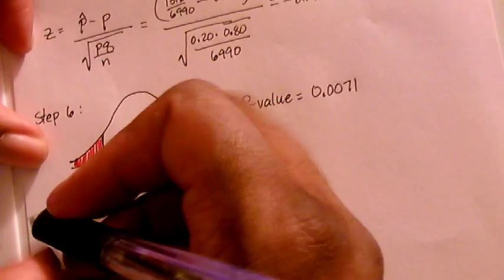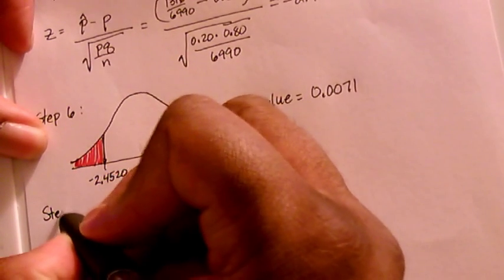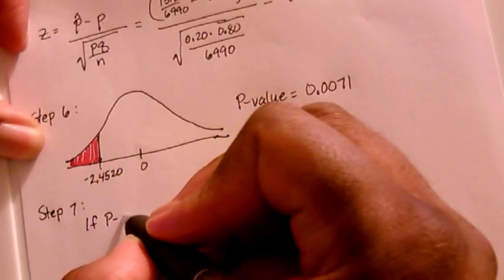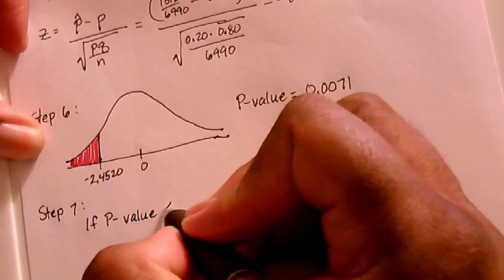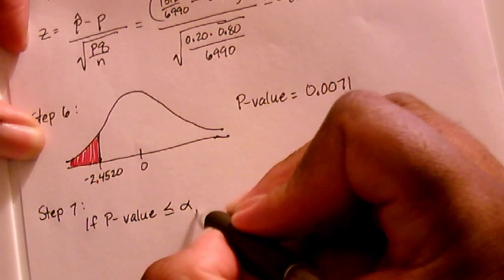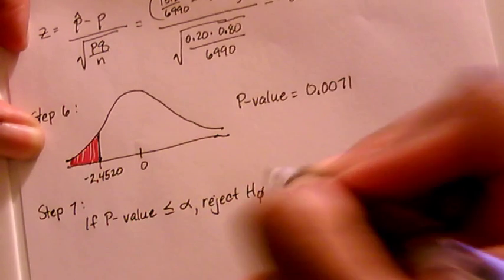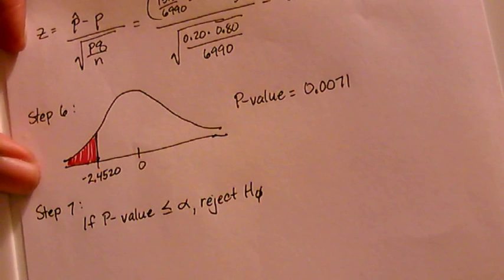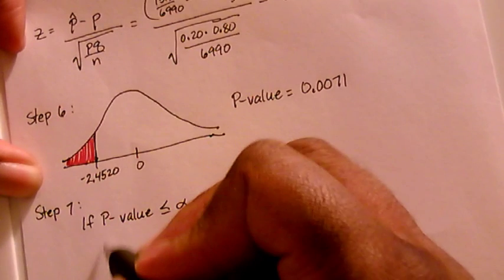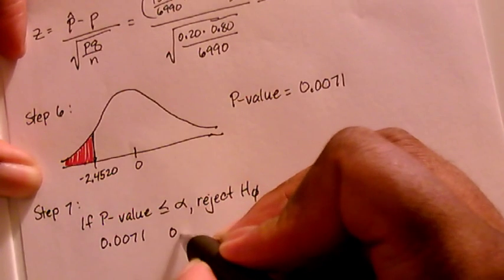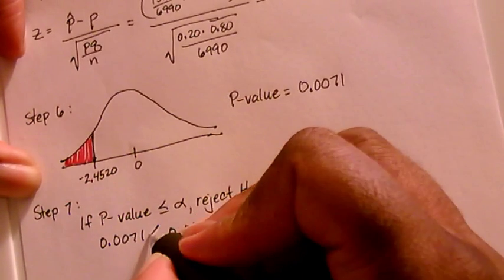And then step number 7 is your decision rule. And that's this. If you have a p-value that is less than or equal to alpha, you reject the null. If your p-value is less than alpha, you reject the null. So here your p-value is 0.0071. That alpha level is 0.01.